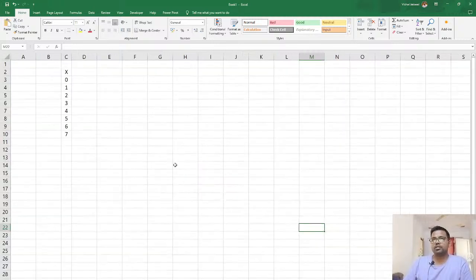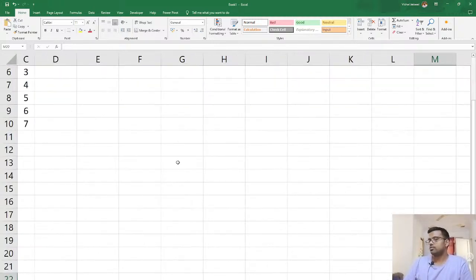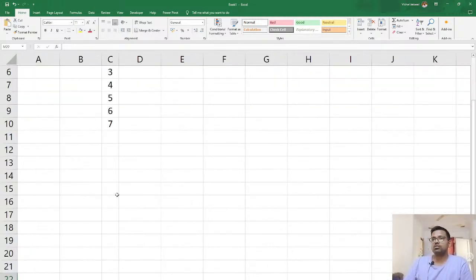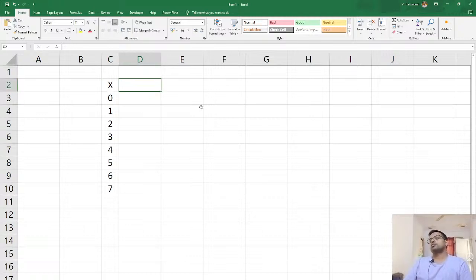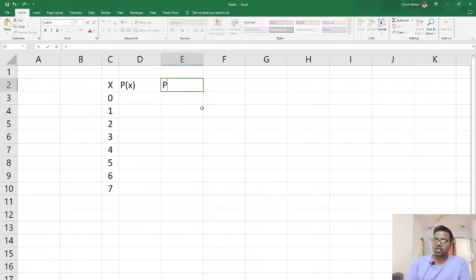Zoom in, so now you must be able to see this. There are two things you can calculate. There are two components of probability density when you are doing it. First is the density function, P of x, and the other one is the cumulative.